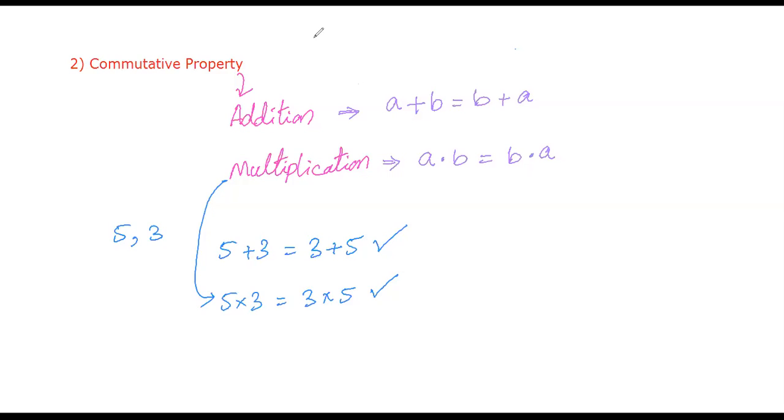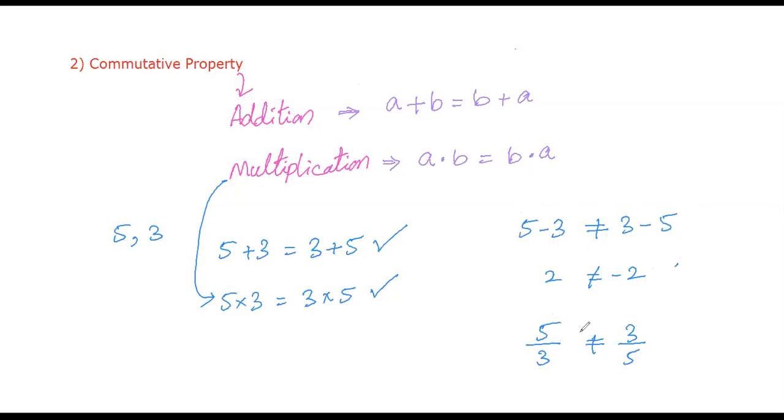You might have a question about subtraction and division, right? In subtraction, let's try. 5 minus 3 is not equal to 3 minus 5. Is it equal? It's not. 5 minus 3 is 2, and 3 minus 5 is minus 2. So those are not equal, and this won't work in commutative property. Division also fails: 5 by 3 is not the same as 3 by 5.